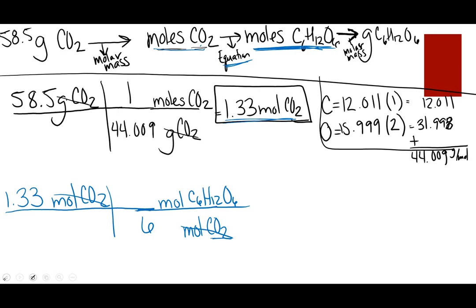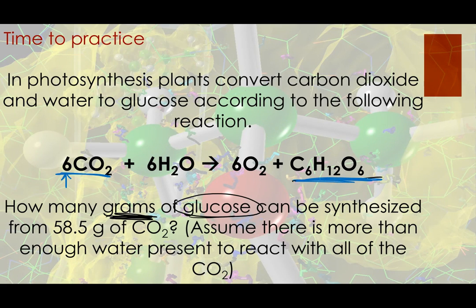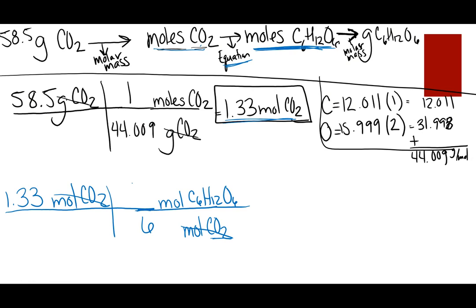Oops, wrong way. What coefficient is attached to glucose? Well, it's an implied 1, right? So the coefficient 1 is attached to glucose, so a 1 is going to go up there on the top. So for this mole to mole ratio, these numbers came from the balanced chemical equation. Multiply across the top, divide by the bottom.